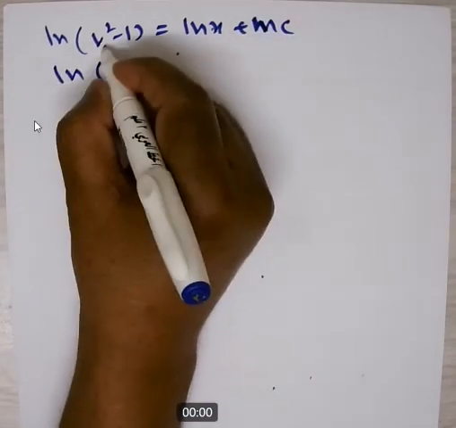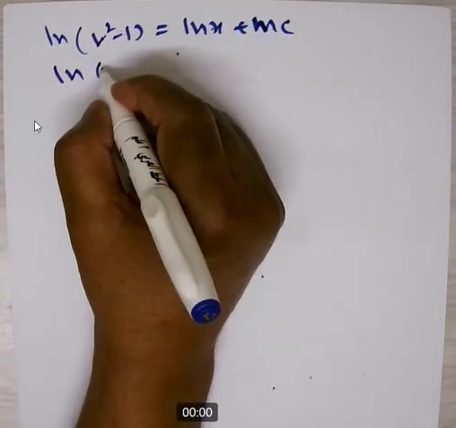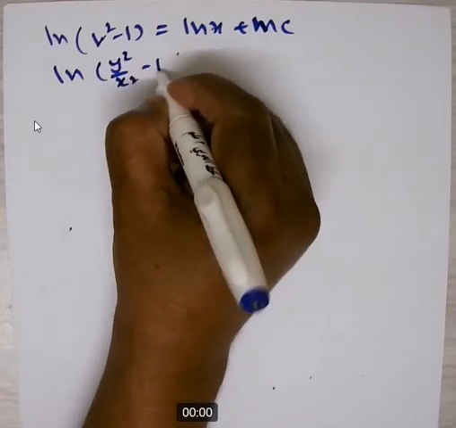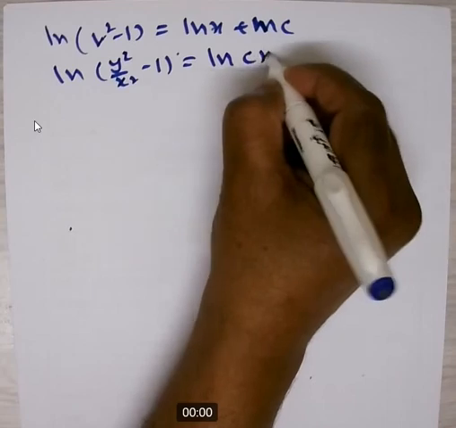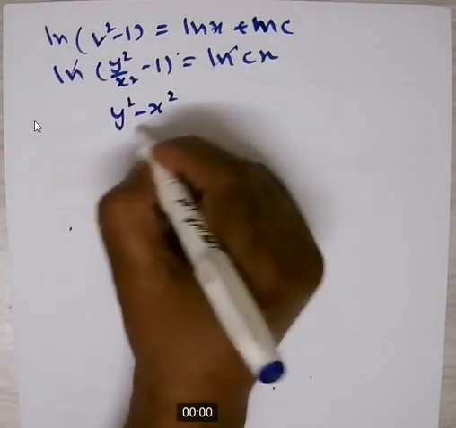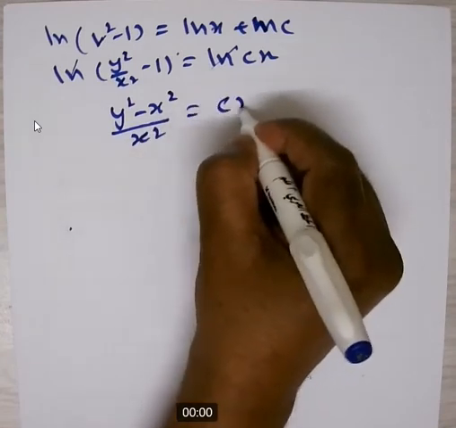Now replace v, since y is equal to vx. So v means y square divided by x square minus 1 equal to ln of cx. So ln cancel, it becomes y square minus x square divided by x square is equal to cx.